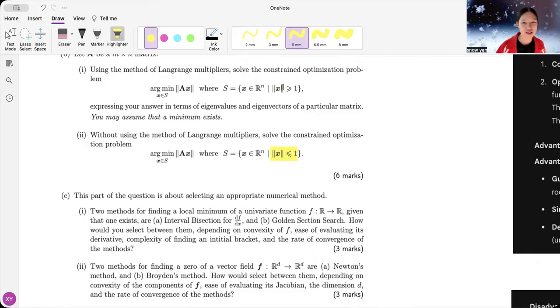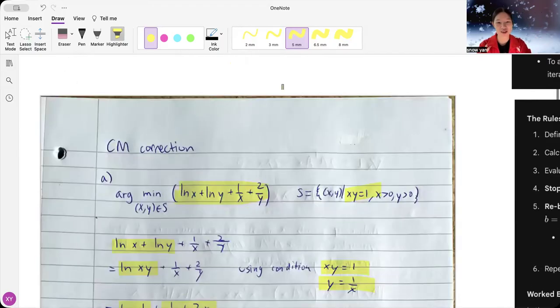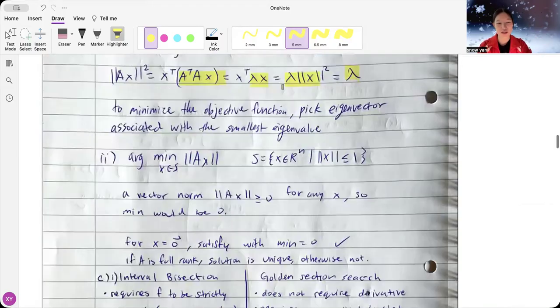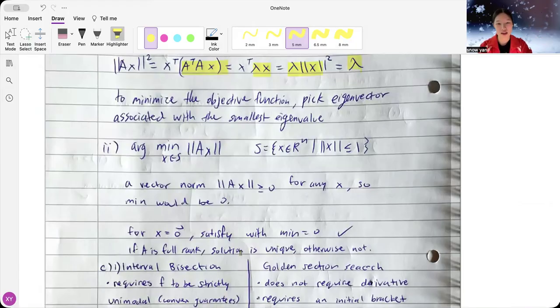If we think about it, the distance has to be 0 or positive, so 0 would be the minimum case. We'll just see if 0 works, and then that would be the minimum solution. If it doesn't work, then we can find some other method. In fact, over here our calculation is very simple because 0 does work.